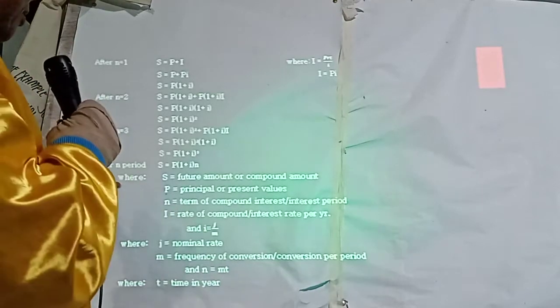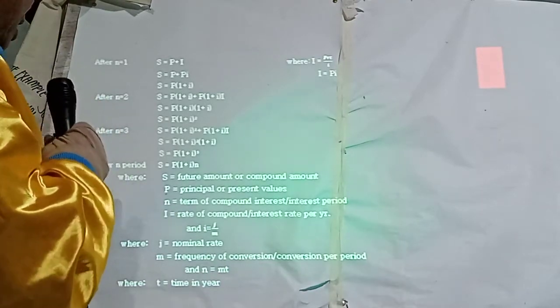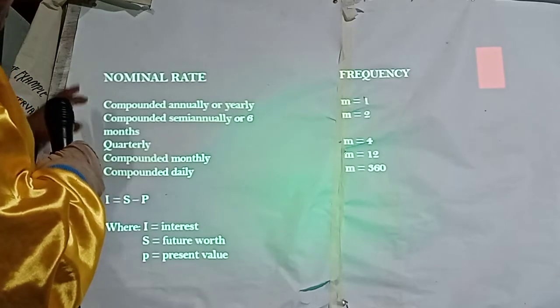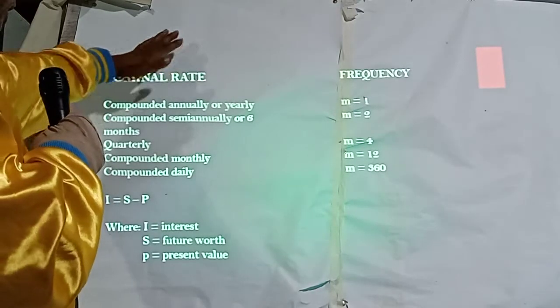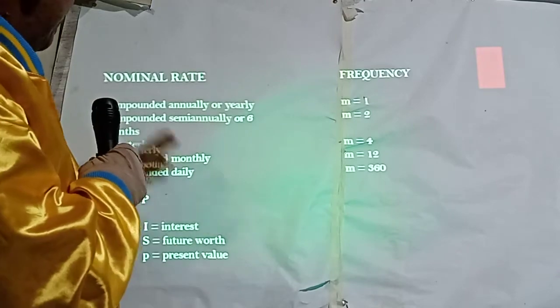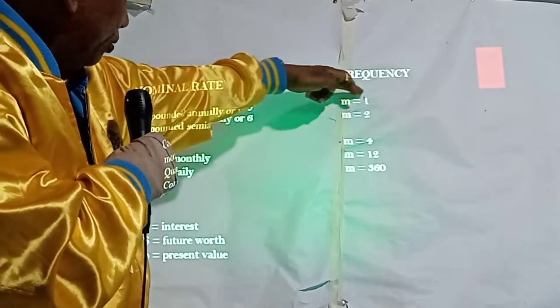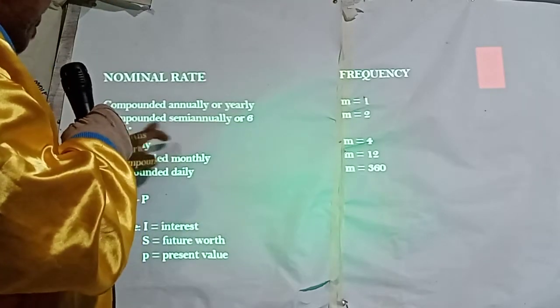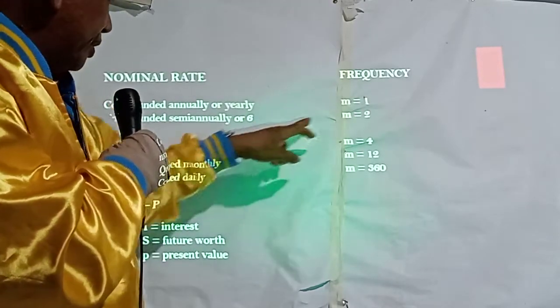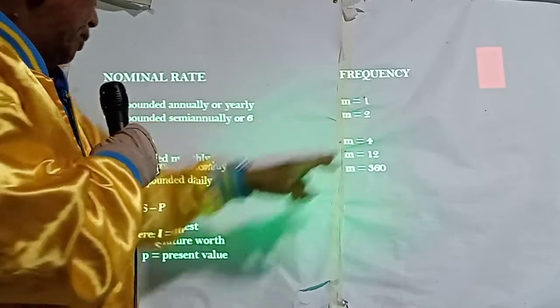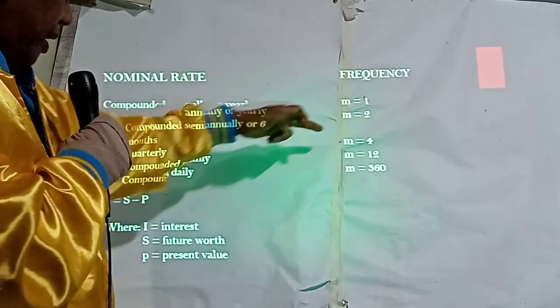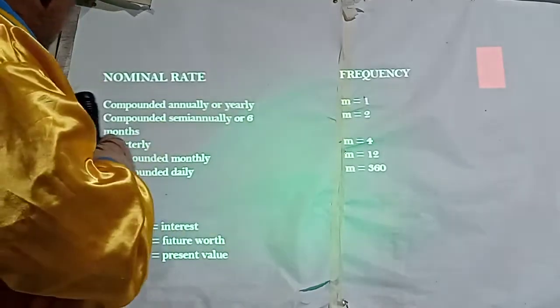Now I will show you an example of it. So nominal rate, so this is now your base. Compounded annually, yearly, M is equal to 1. Semi-annually or 6 months, M is 2. Quarterly, M is 4.